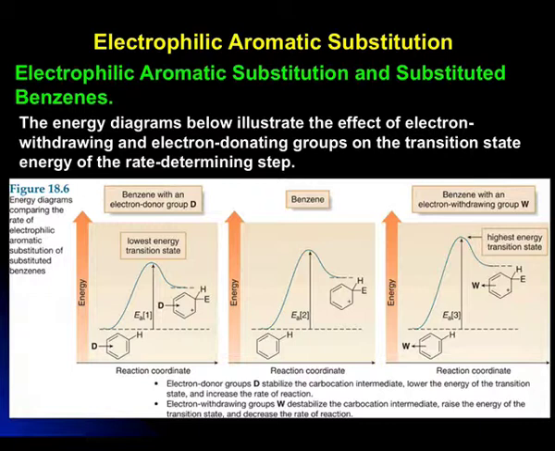Did I say increase twice? I may have. Anyway. The reason has to do with the fact that if we can stabilize this intermediate, that should lower the energy barrier. Okay? Whose postulate stated that we learned about before?